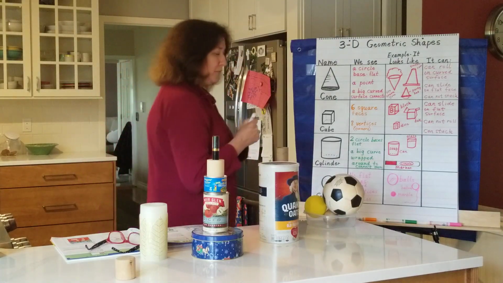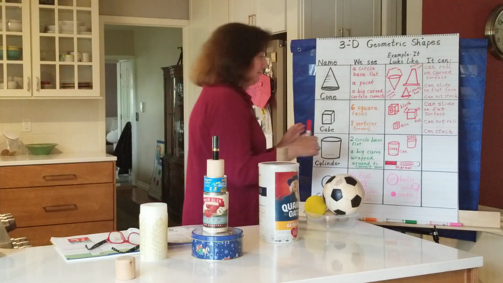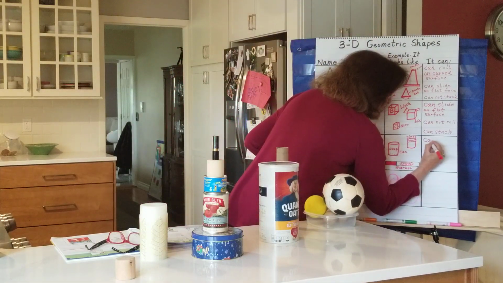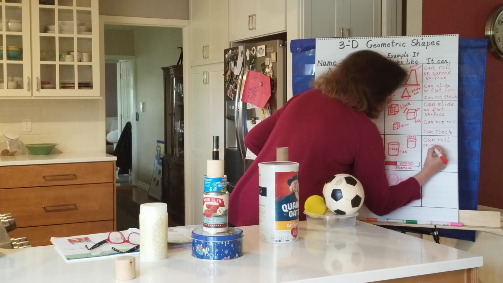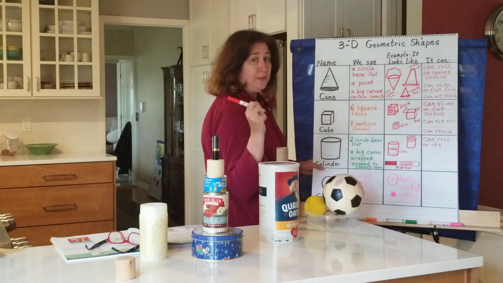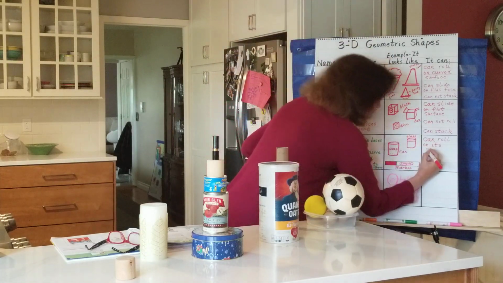So a cylinder can roll on its, which surface does it roll on? The curved surface.